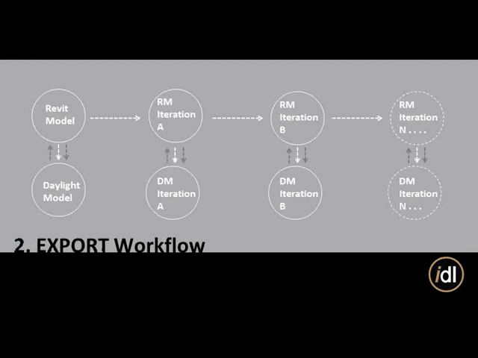The second one, which is the one we're talking about today, is the export workflow. Instead of a parallel track of 2 separate models being developed in tandem, everything comes from the Revit model. There's an export process one way to the daylight model, and there's still communication about what you learned from the analysis and how that makes its way back up the chain to the Revit model.